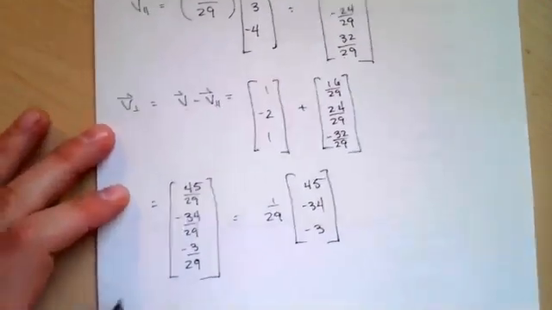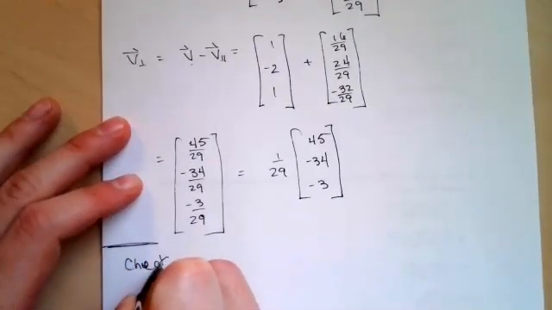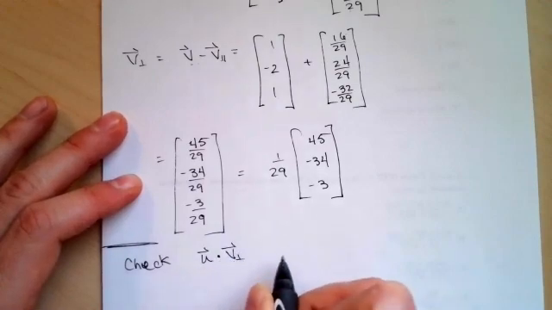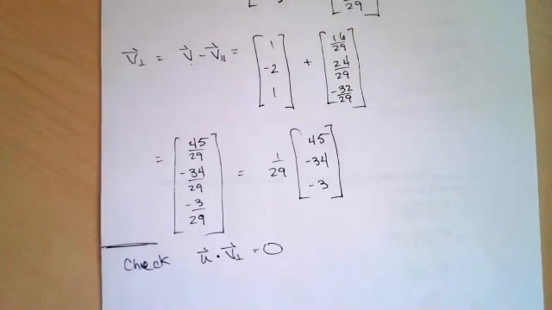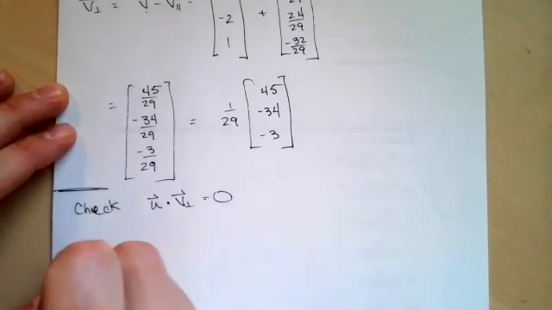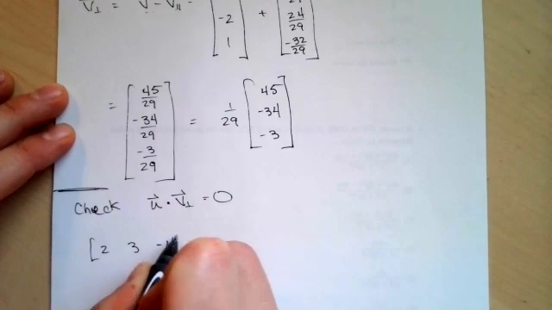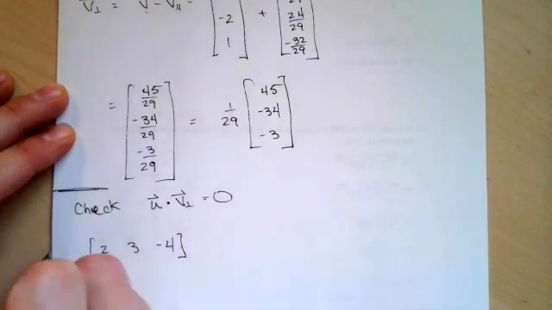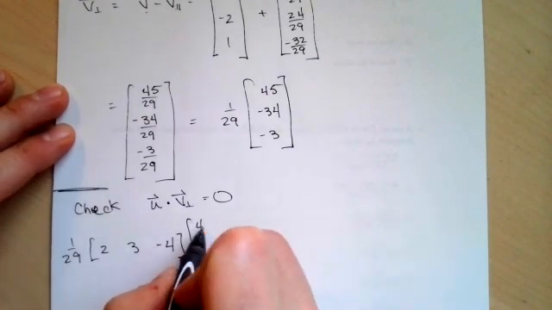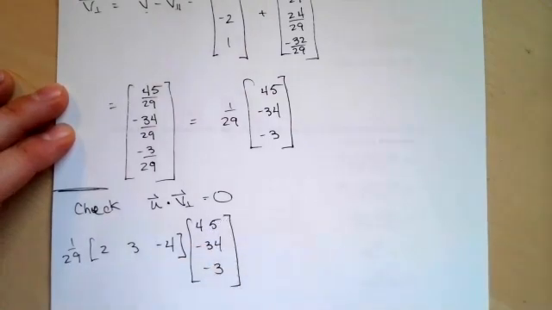Just check real quick. Let's see if we can do that calculation. We should have that u and v perp are in fact perpendicular. So their dot product should be 0. Our u was 2, 3, negative 4. And our v perpendicular we now found as 1 over 29, which nicely enough we can bring outside of the dot product, times 45, minus 34, and minus 3.